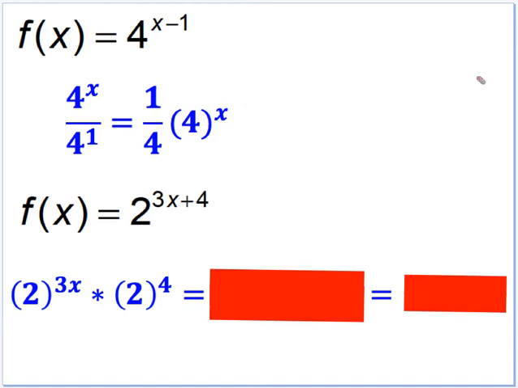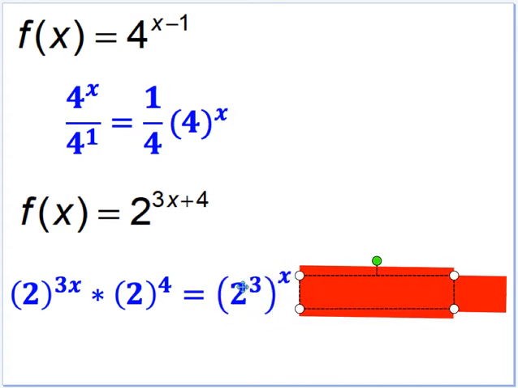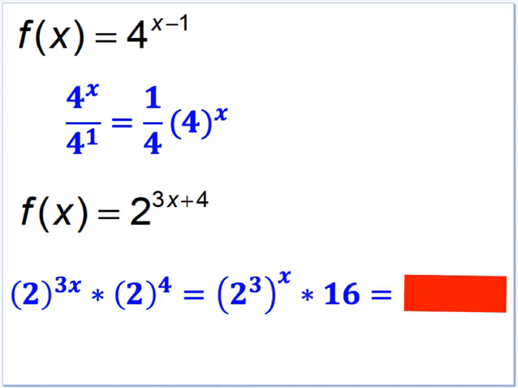I can simplify this further here. This time I'm multiplying those two variables together. If you look at your notes, you'll know that in order to do that, you can rewrite that as 2 raised to the 3rd power and then parentheses raised to the x power. So now I have this situation, and the 2 raised to the 4th power just became 16, and the 2 raised to the 3rd power is then going to be raised to the x power.